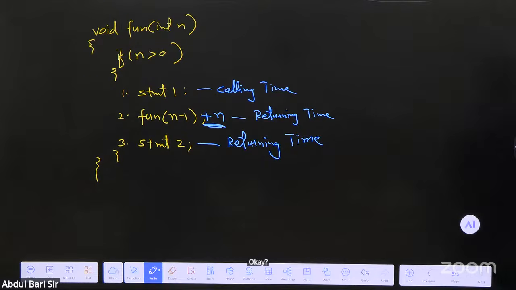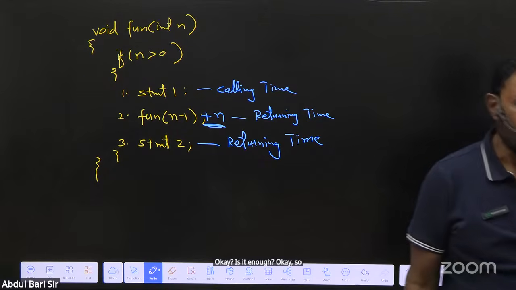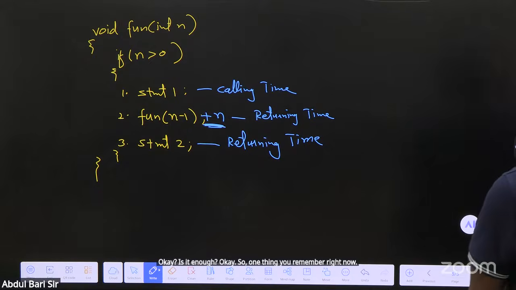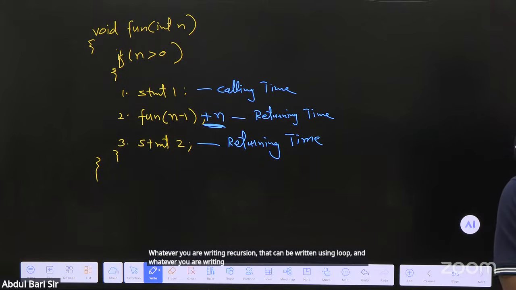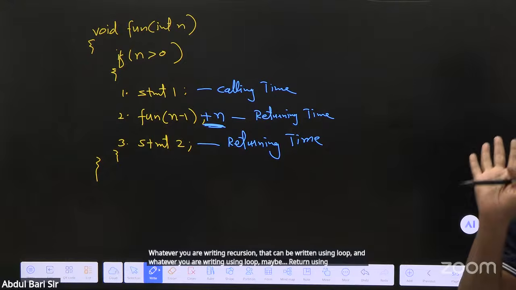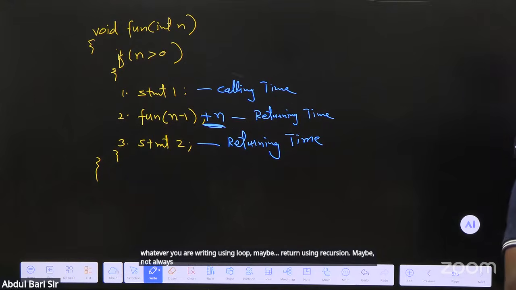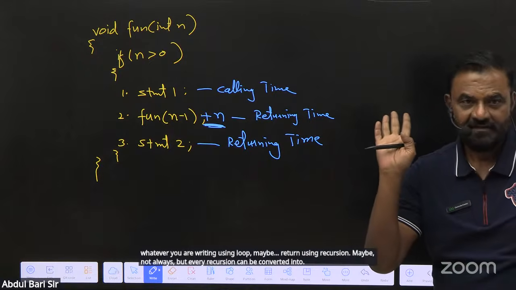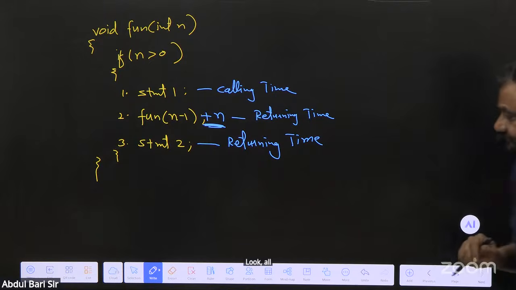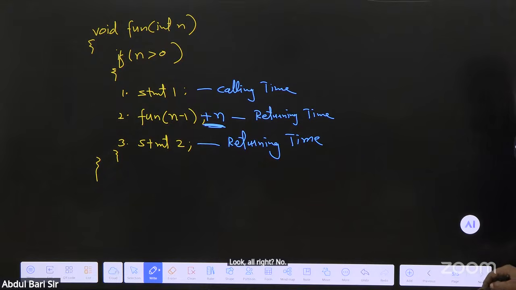Okay, is it enough? So one thing to remember right now: whatever you write using recursion can be written using a loop, and whatever you write using a loop may be written using recursion, maybe, not always. But every recursion can be converted into a loop. All right? Now, that's enough.